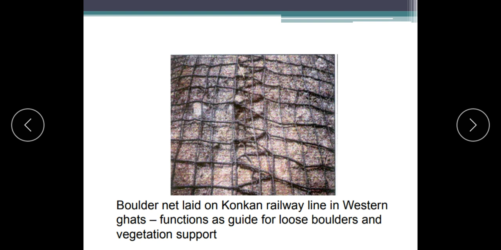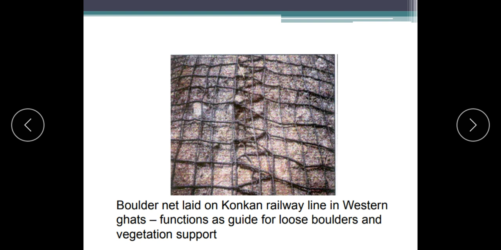This is a typical example of boulder net laid on Konkan railway line in Western Ghat, which functions as a guide for loose boulders and also promotes vegetation growth there. Before laying of this boulder net, there was a fall of boulders or rocks onto the railway track in the rainy season.